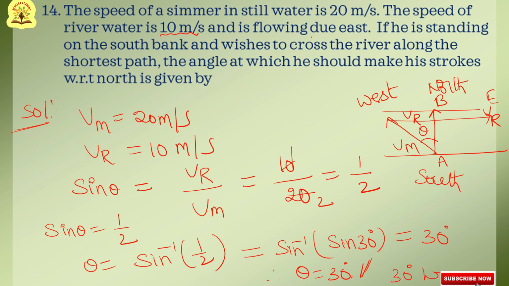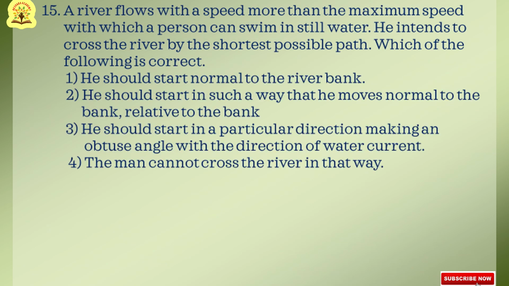Okay, so at last we conclude that he has to give his strokes along 30 degrees west to cross the river in shortest path. Next, we will go to the next question.